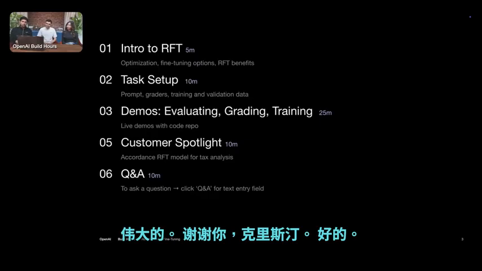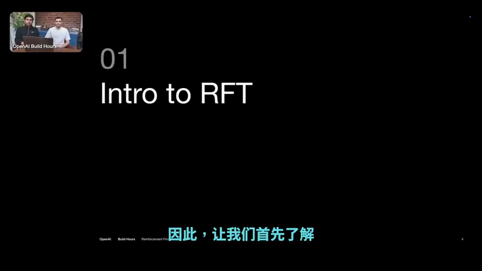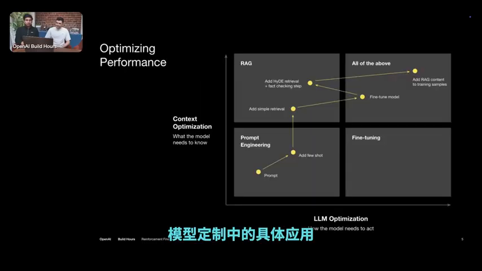Great. Thank you, Christine. All right. So let's start by orienting ourselves around where fine-tuning and reinforcement fine-tuning more specifically fits into model customization. If you're trying to improve the performance of your LLM app, there's really two broad levers that you have.